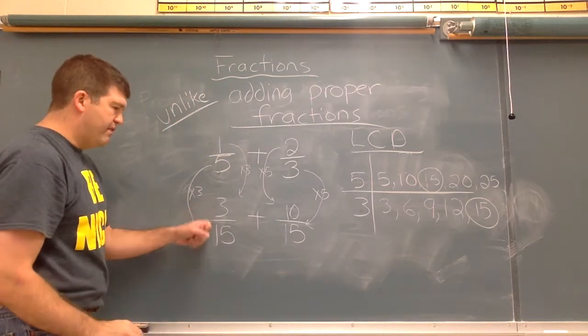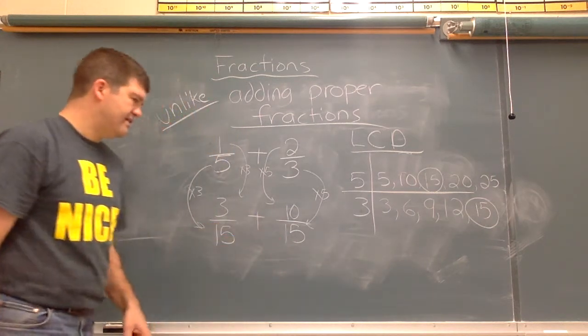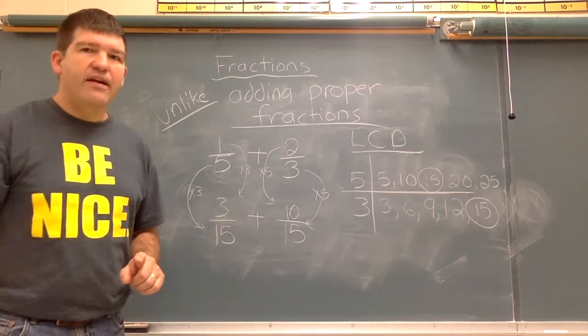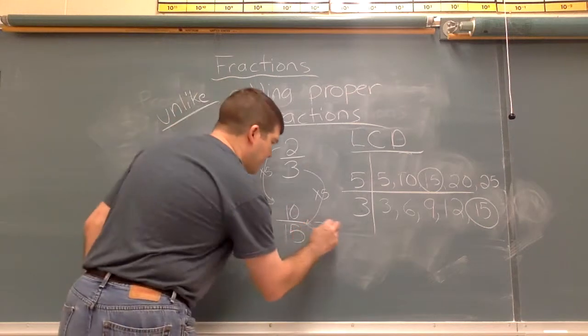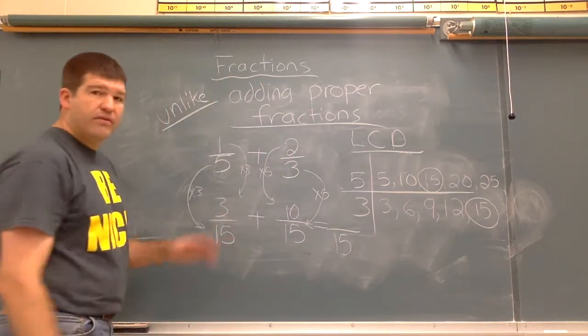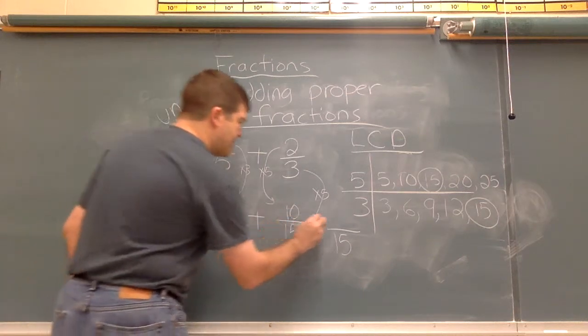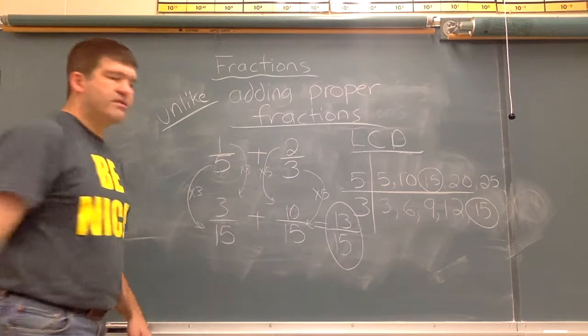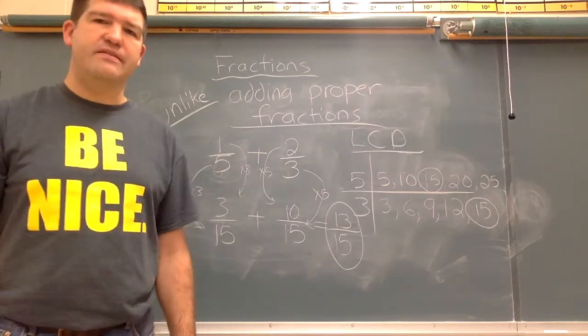And now I have 3/15 plus 10/15. It's a like fraction, which I like. And now I can do it. The denominator goes over, 15, and then 3 plus 10 is 13. 13/15.